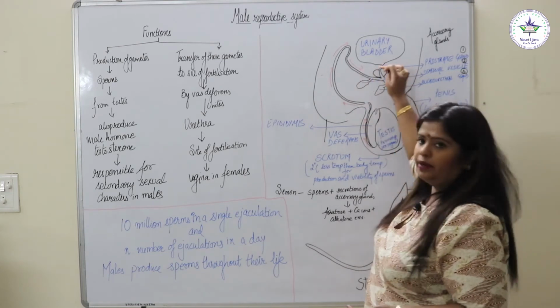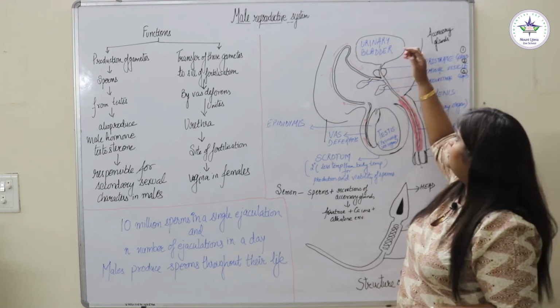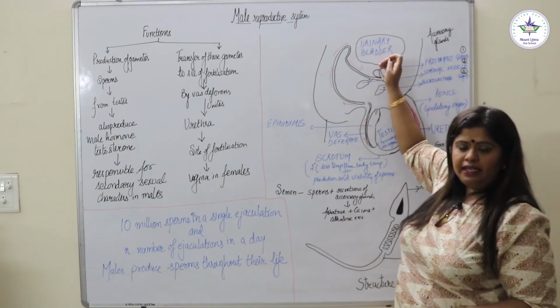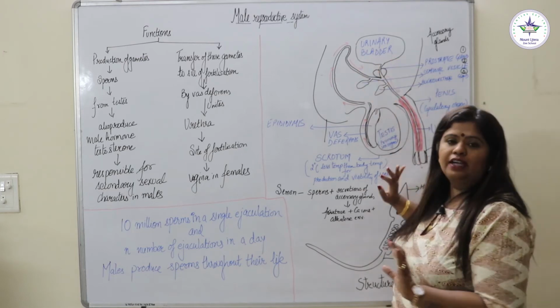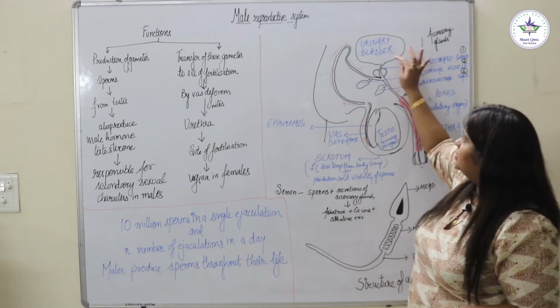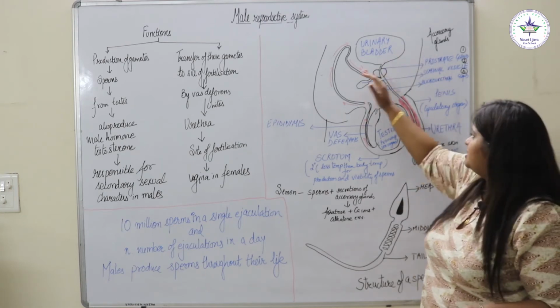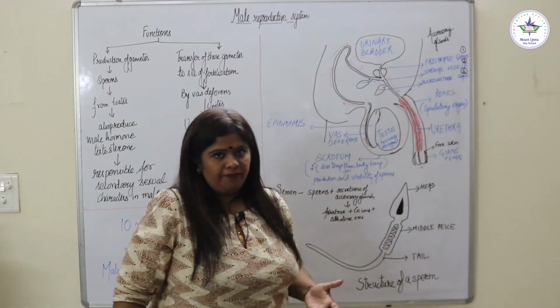When the semen is being secreted, the urinal sphincter closes the urinary bladder and the urine cannot come out, only the semen will be ejaculated, and when the urine needs to pass out, then the semen will not be ejaculated. It's as simple as that.